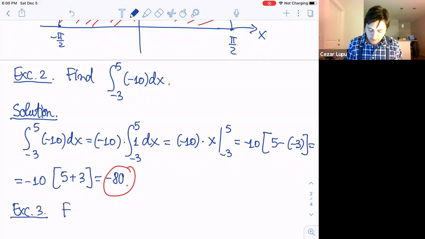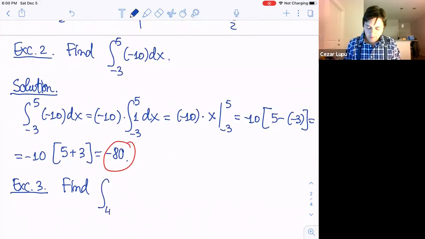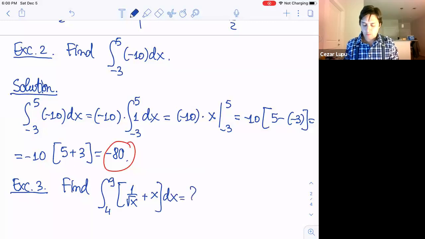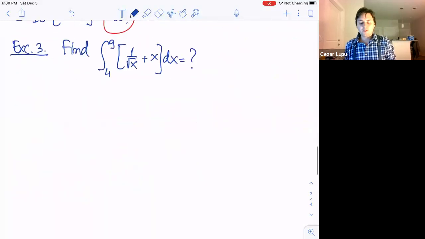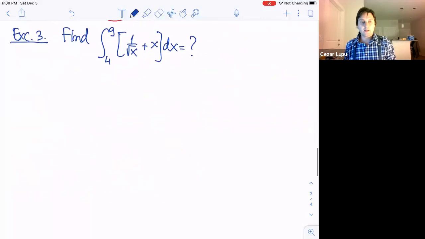So we want to find the integral from 4 to 9 of 1 over square root of x plus x dx. So what is the value of this? As you can see, inside the integral we have the sum of two functions, right?